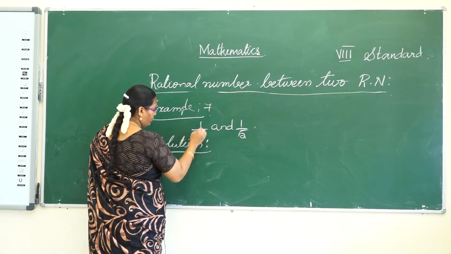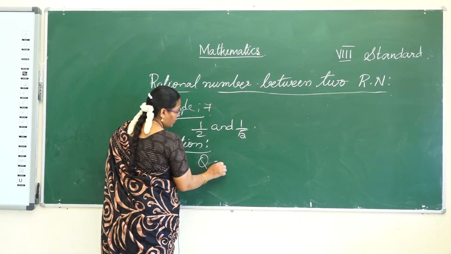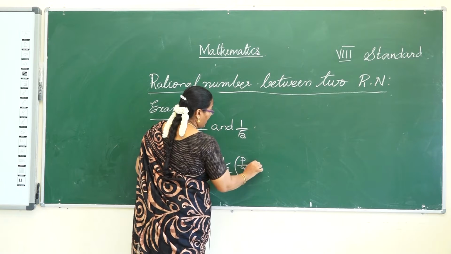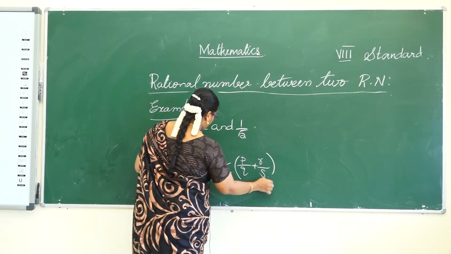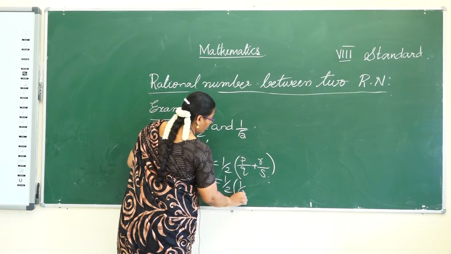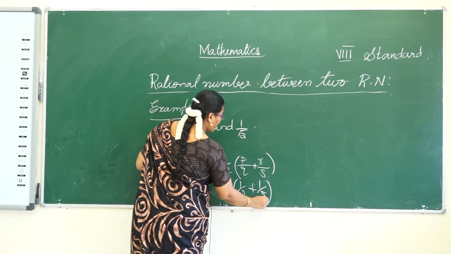So let us consider the first rational number q1 is equal to half into p by q plus r by s. So half into p by q value is 1 by 2 plus r by s value, the other rational number is 1 by 5.